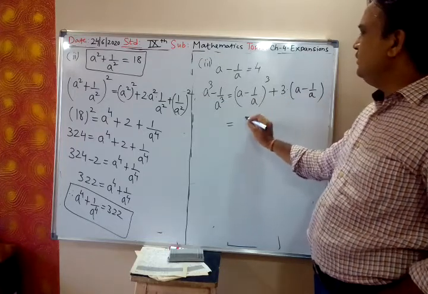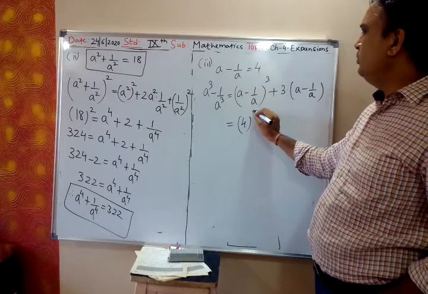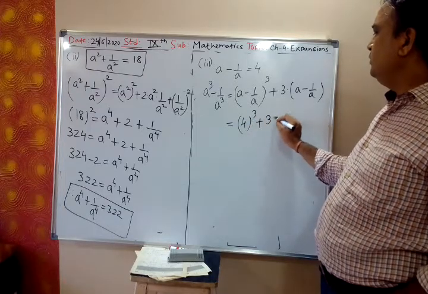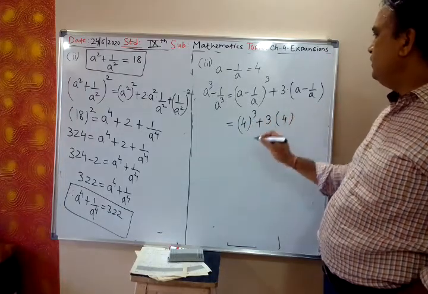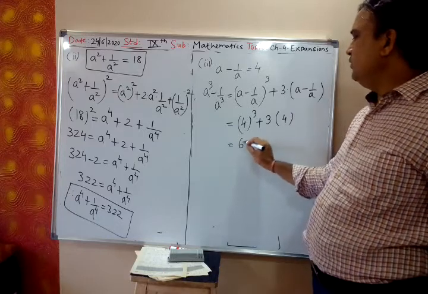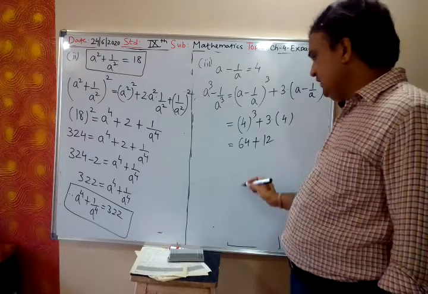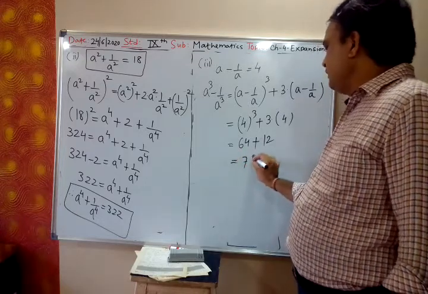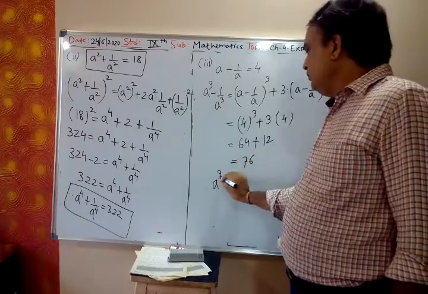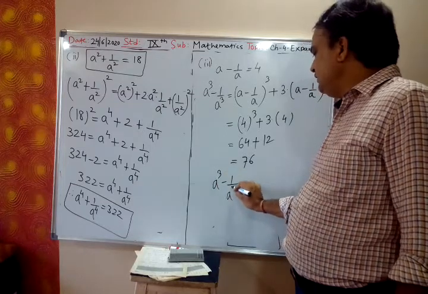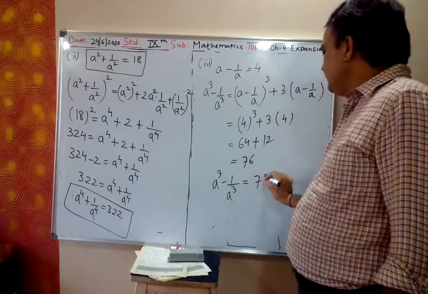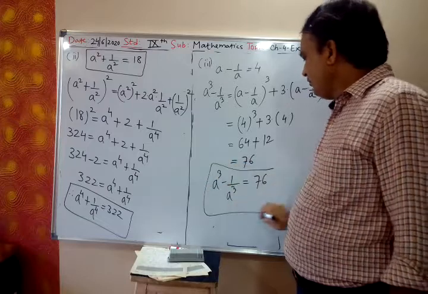Now a minus 1 upon a is 4. So 4 cube plus 3 into 4. 4 cube is 64 plus 12, and that is 76. So a cube minus 1 upon a cube is 76.